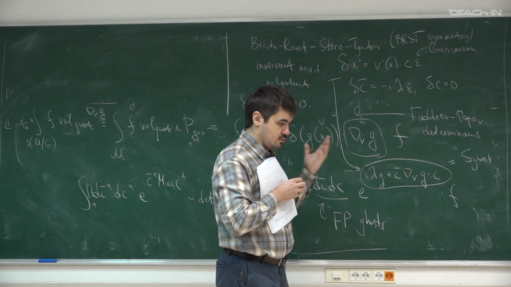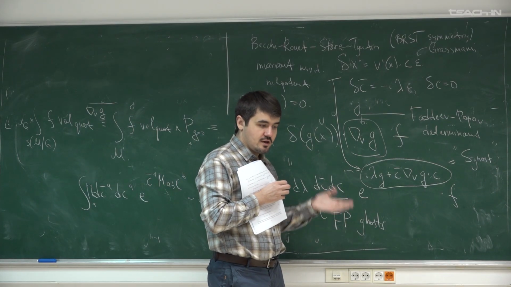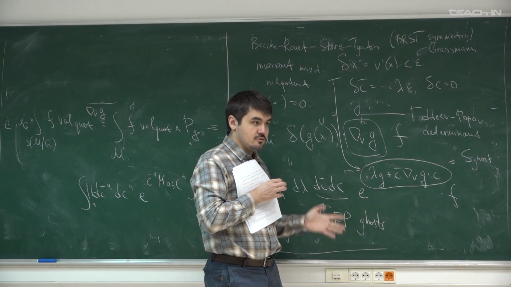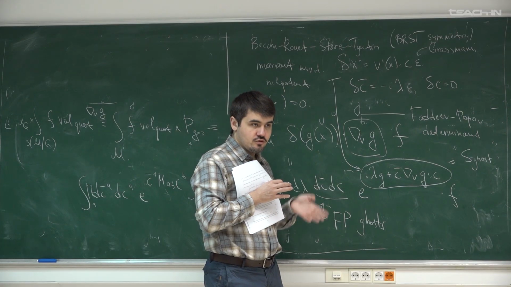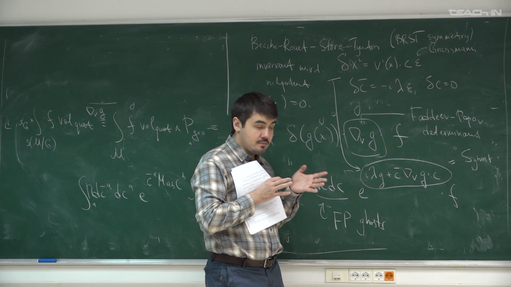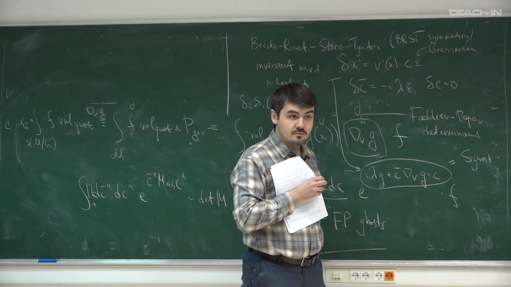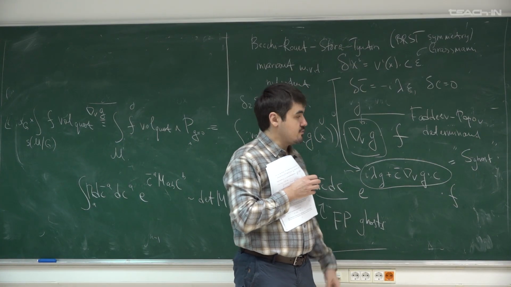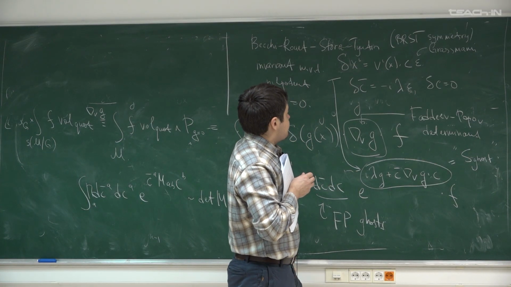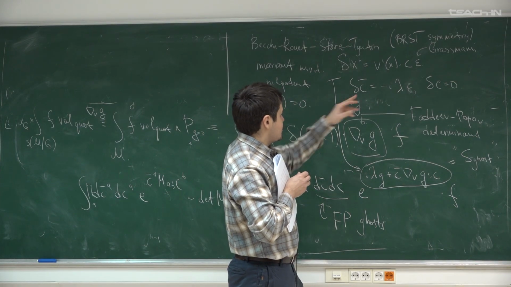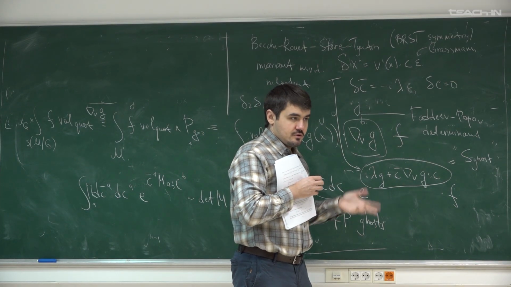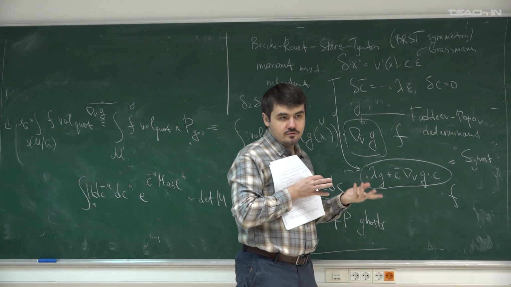This will be the case in all systems. If you have a gauge group action, you know how it acts on the fields of your model, and you just replace the gauge parameter with epsilon times C, where C is the ghost. That's always like that. Then the variations of the ghosts are more complicated because they are new fields of your theory.